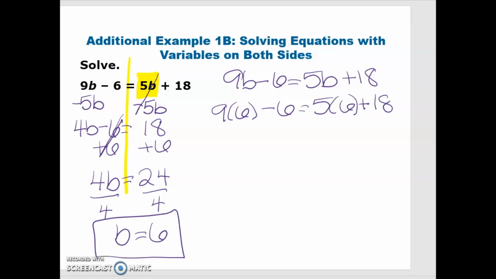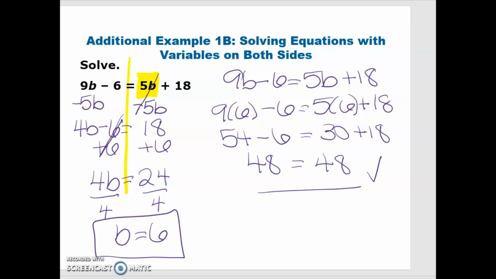All right, here we go. 9 times 6 is 54 minus 6. 5 times 6 is 30 plus 18. 54 minus 6 gives me 48. I wrote a 3. I'm not sure why, but that's okay. 48 equals 30 plus 18, 48. All right, we're good to go.